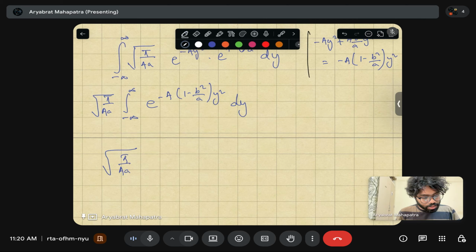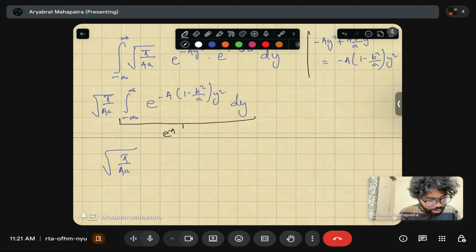So this is again of the form something of exponential, let's say minus a tilde y square dy. And again, the integral would be pi over a tilde to the power half.